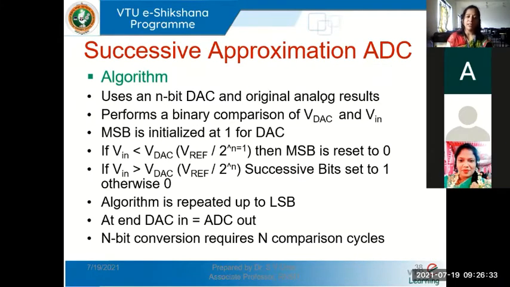Just before that, we'll see the algorithm. It uses an n-bit DAC and original analog signal, and performs binary comparison of the DAC output voltage VDAC and Vin. You can call that VDAC or VA. We named it as VA.